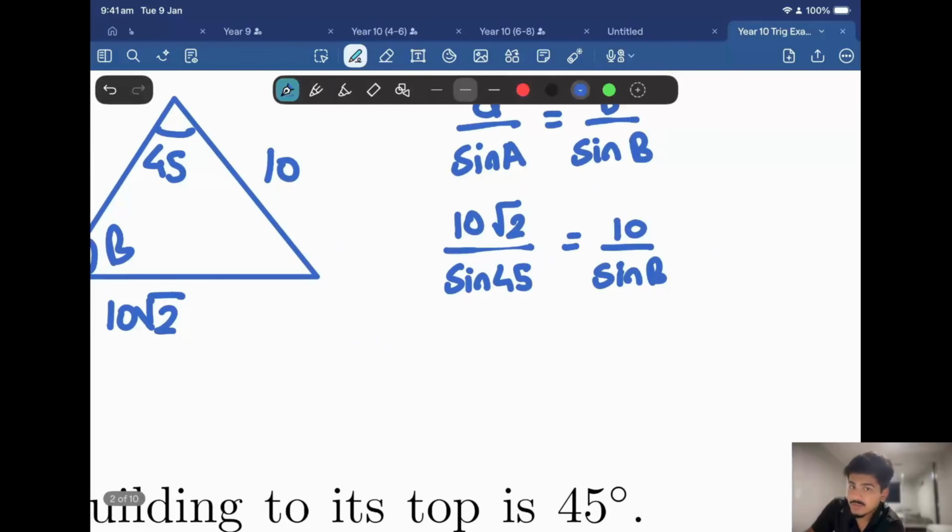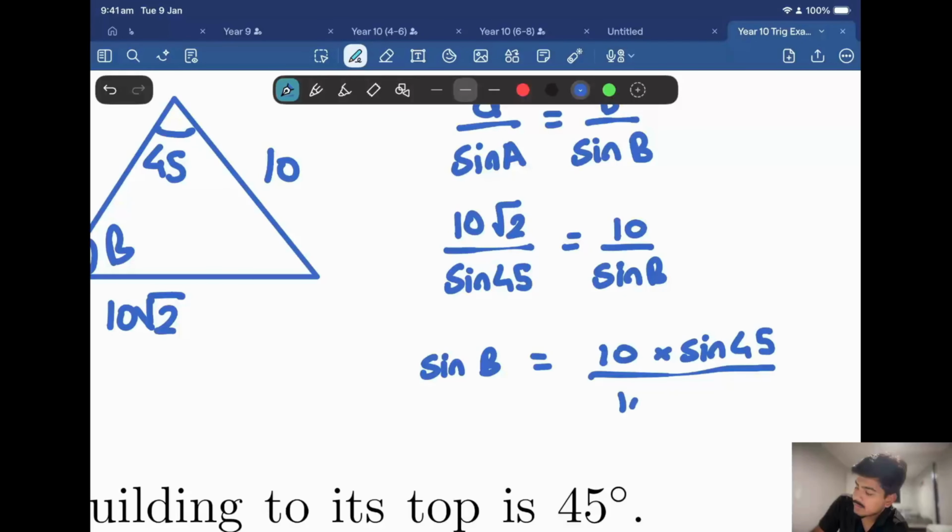Okay, let's rearrange it. So when we rearrange it, we get sine B is equal to 10 times sine 45 divided by 10 root 2. Okay, let's put that in our calculator. Sine B is equal to 10 times sine 45 over 10 root 2. That's 0.5.